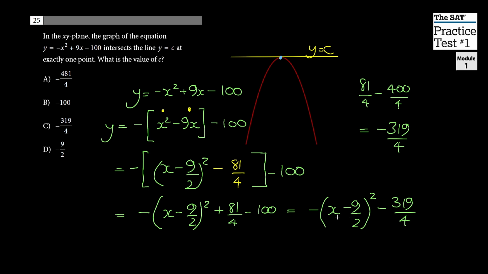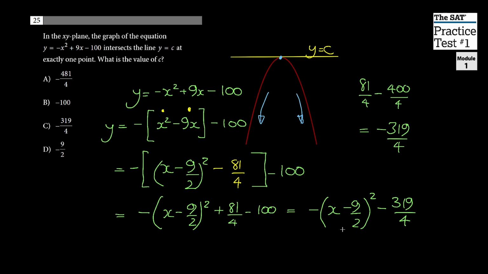But let me explain why. Any squared term, this guy here, is determined to be positive. But with the negative sign, this turns this positive term negative. So in a way, this pulls the graph down whenever it can, away from its maximum value of negative 319 over 4.